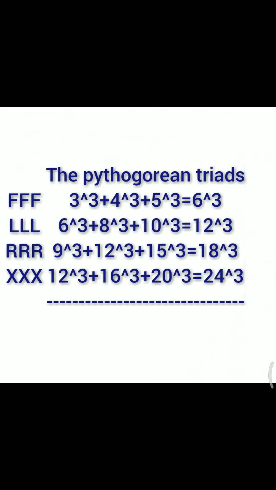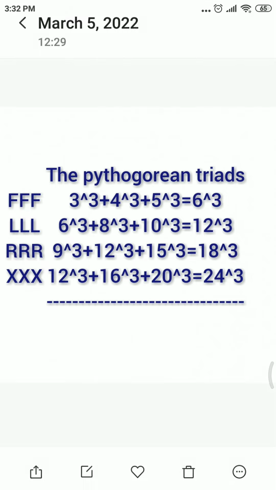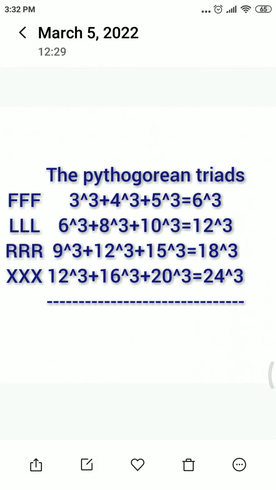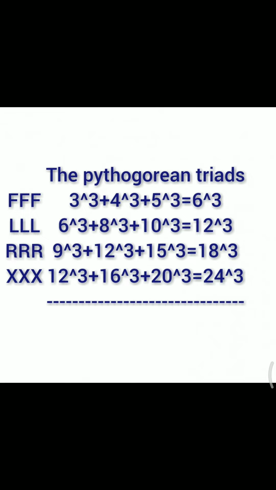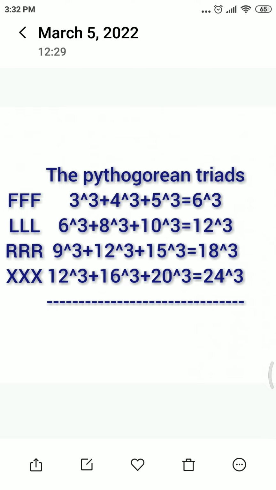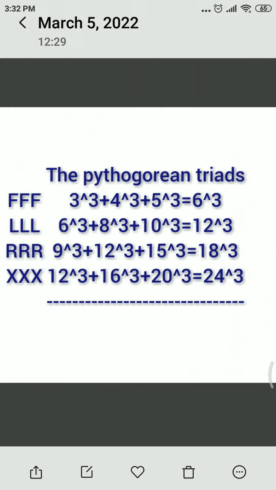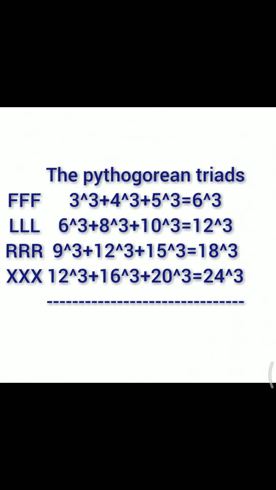Last time when I uploaded this video about the Pythagorean triads, by then I didn't realize one anomaly here. When we look at the first triad, that of 3, 4 and 5, giving rise to 6 cube. The 6 cube continued here. 6 cube plus 8 cube plus 10 cube became 12 cube in the second triad.